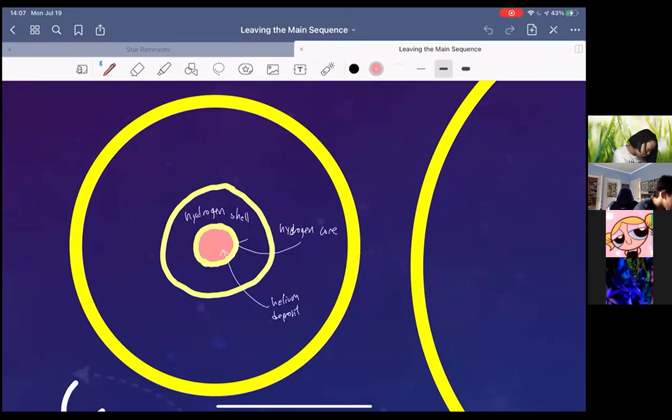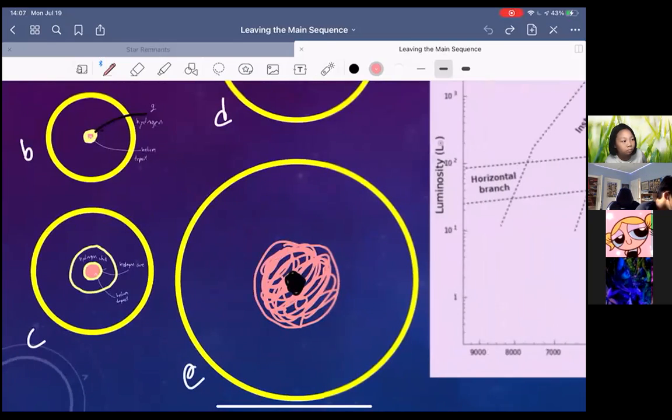Then the hydrogen around the core, this hydrogen shell over here, is now able to burn hydrogen. It's not only the core that's burning something now. The outer shell has been created because the core got smaller, creating even more fusion, making the star even brighter and even bigger. So that's the step between B and C.